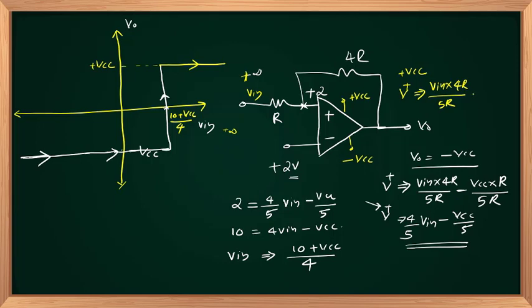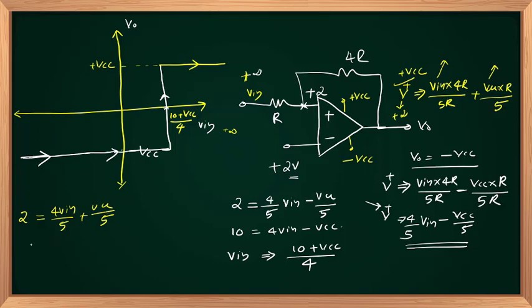Instead of minus, I should write plus VCC multiplied by R upon 5R. And V in is an extreme positive value. VCC is also positive. So V plus, that's equal to 2 volts, equals 4 V in by 5 plus VCC by 5.